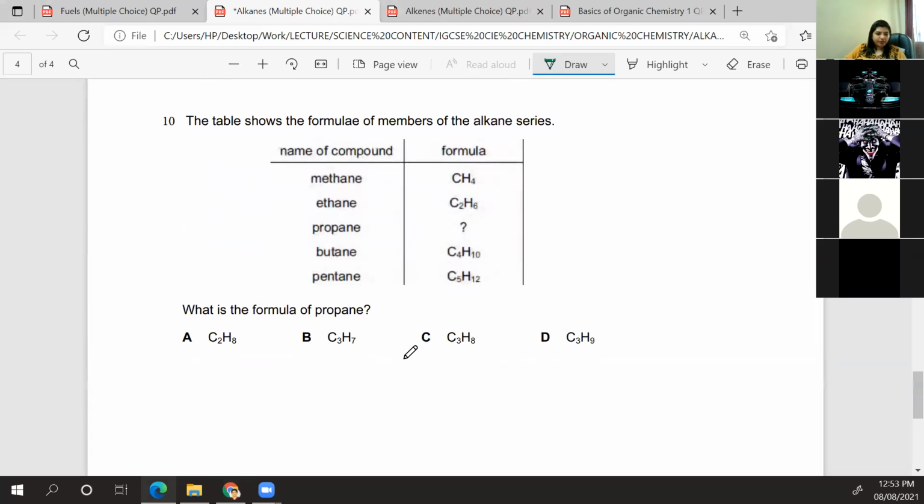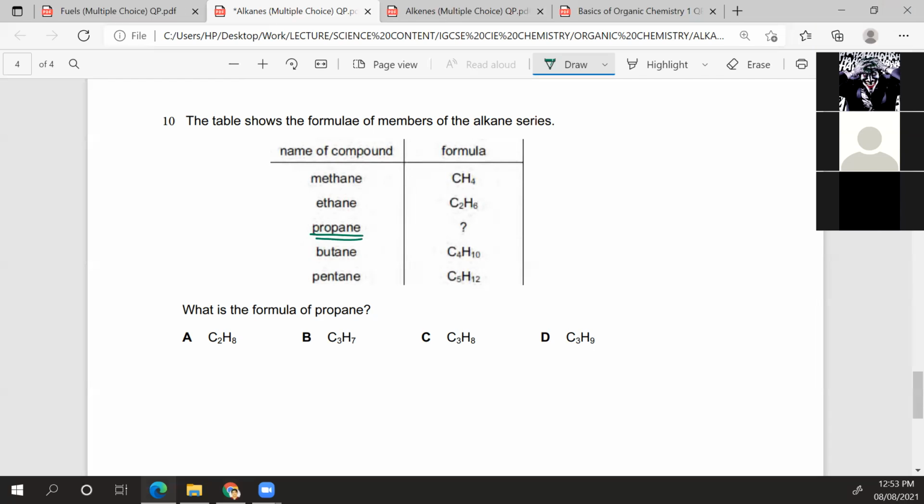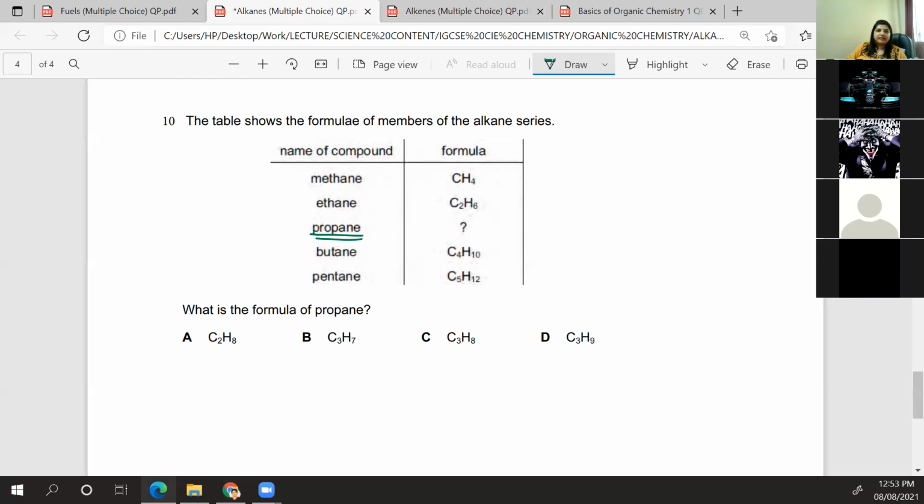And the last question, question number 10. The table shows the formula of members of alkanes. What is the formula of propane? Arnav, I can't hear anything from you. Are you there in the class?